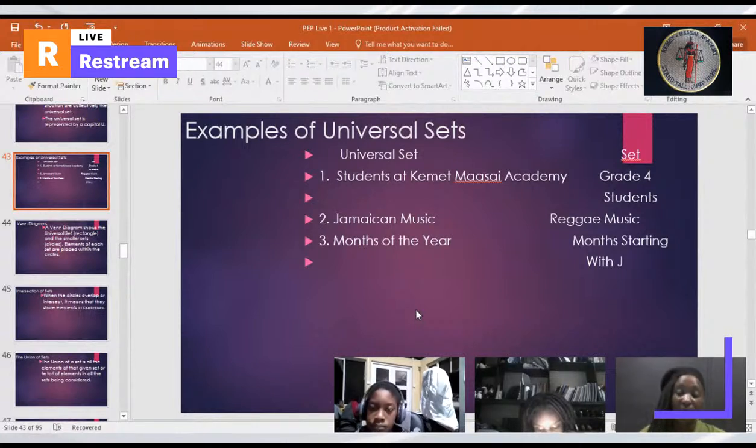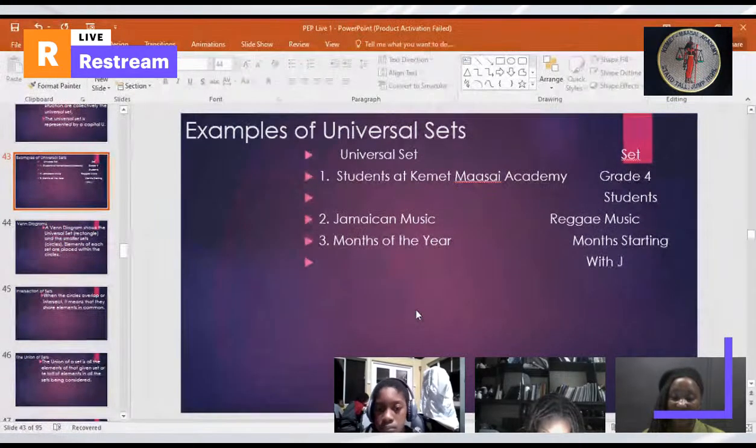However, you might have some circles that overlap. If we talk about, for example, students who carry black bags, some of the grade 4 students might carry black bags. Some of the grade 6 students might carry black bags. And so each of those would intersect with the set for black bags.